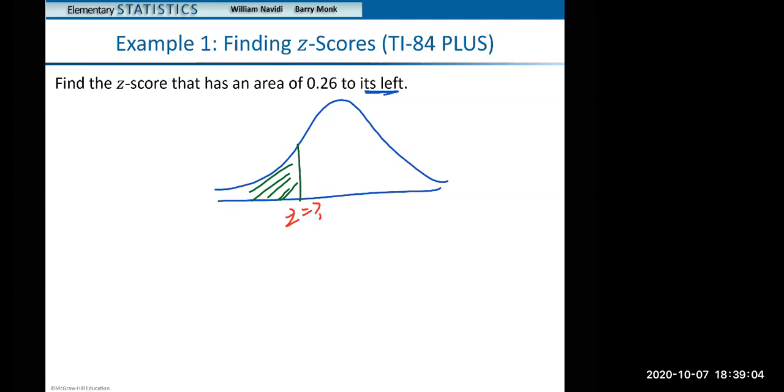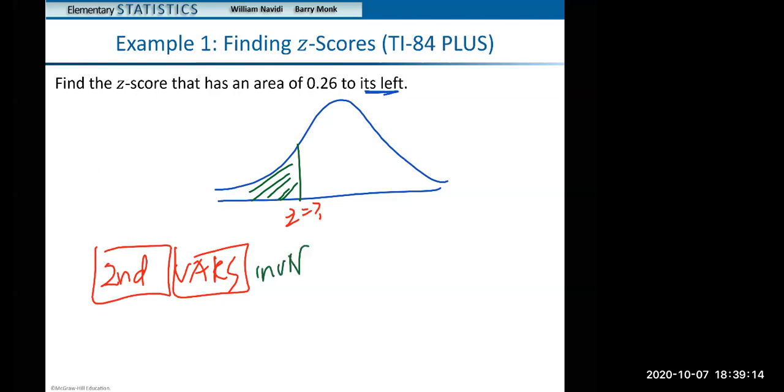So try this. Second vars, the third one, inverse norm. When you do this, you should see area, and the default for mean and standard deviation. What area are you going to enter here?